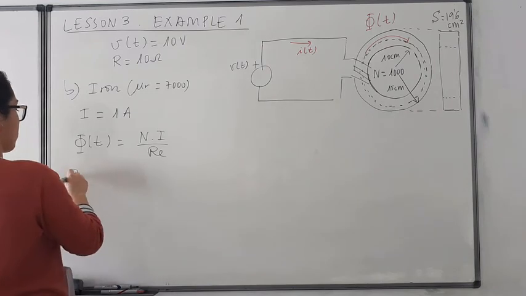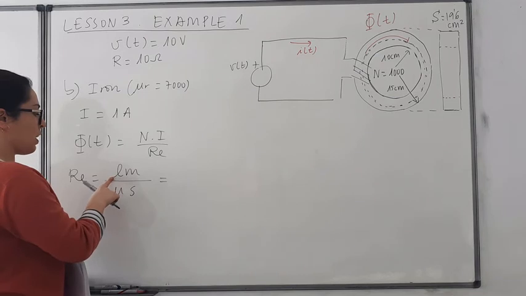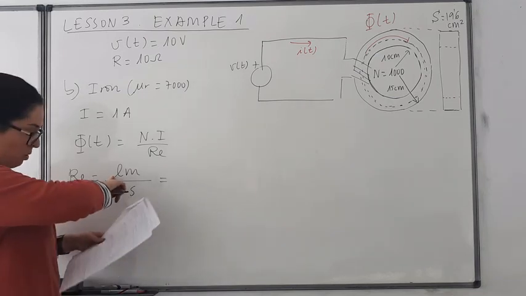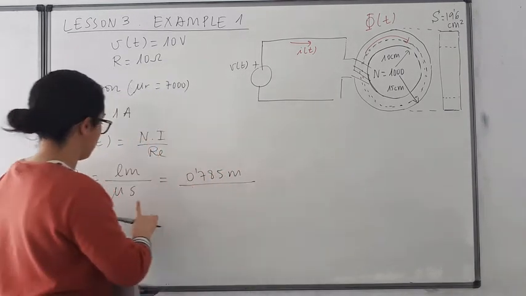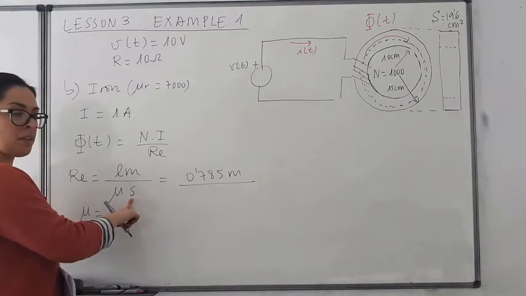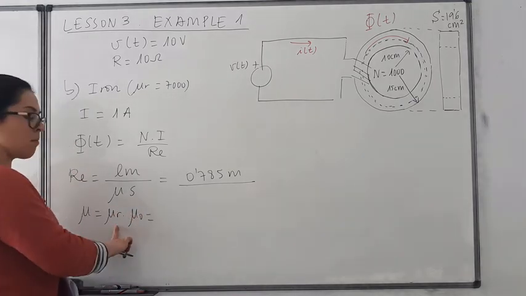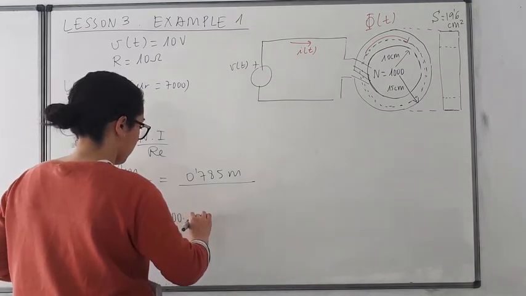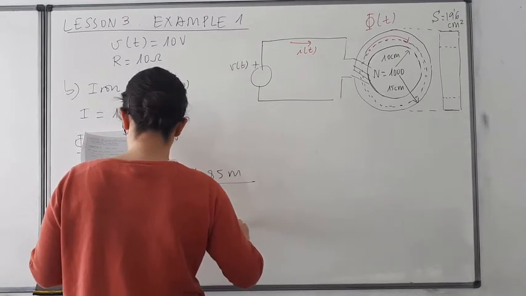So we need to obtain the reluctance with the new material that we have. The reluctance was the average length of the path for the magnetic flux, which is the same as before, divided by the product of the permeability and the cross-section. The permeability now is the relative permeability multiplied by the permeability of the vacuum. So that is 7,000 multiplied by 4 pi 10 to the minus 7 henries per meter.